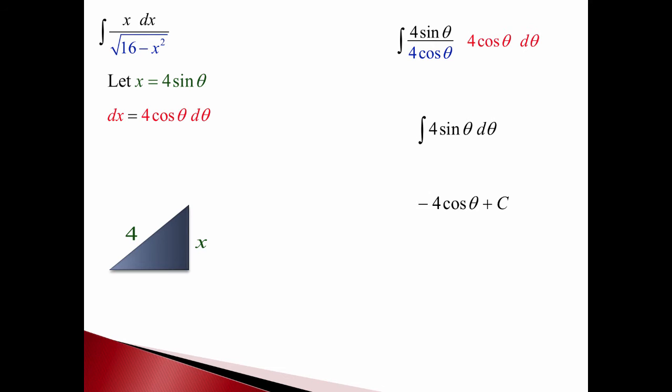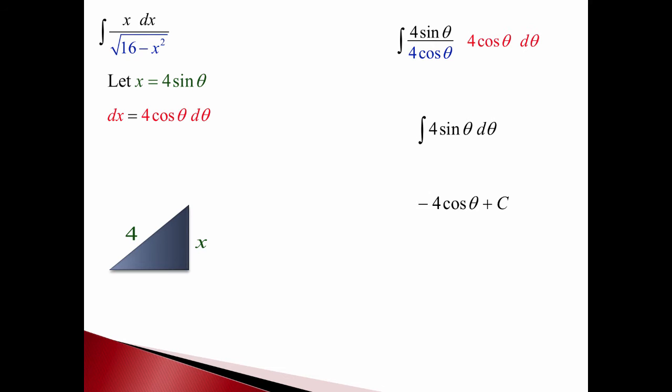Okay? Now, I've got a missing side, but I can find that from the Pythagorean theorem. Well, wait a minute. Let me say it more carefully. The hypotenuse squared should be the opposite side squared plus the adjacent side squared.